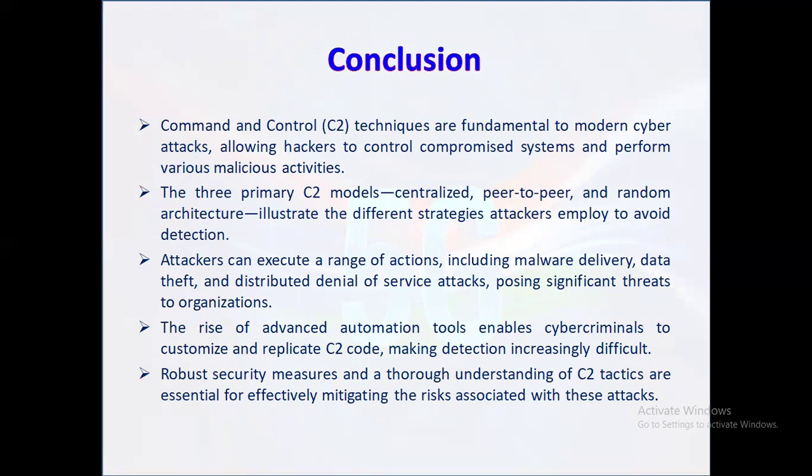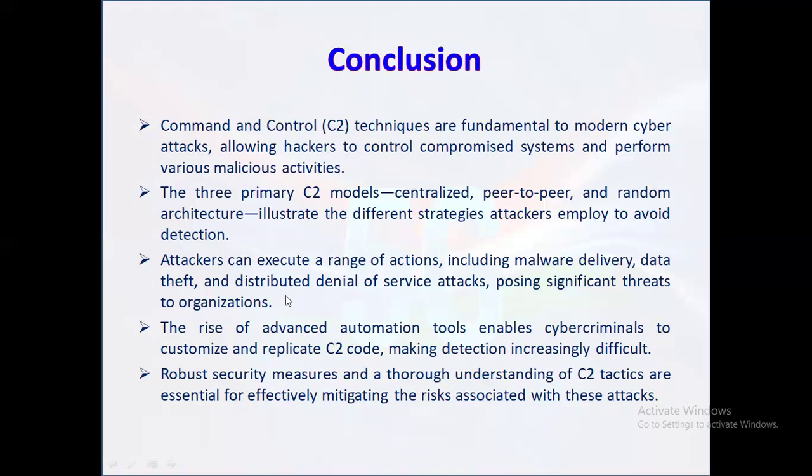The three primary models of C2, centralized, peer-to-peer, and random architecture, illustrate the diverse strategies attackers employ to evade detection. Each model presents unique challenges to cybersecurity defenses, making it crucial for organizations to be prepared for various attack vectors.